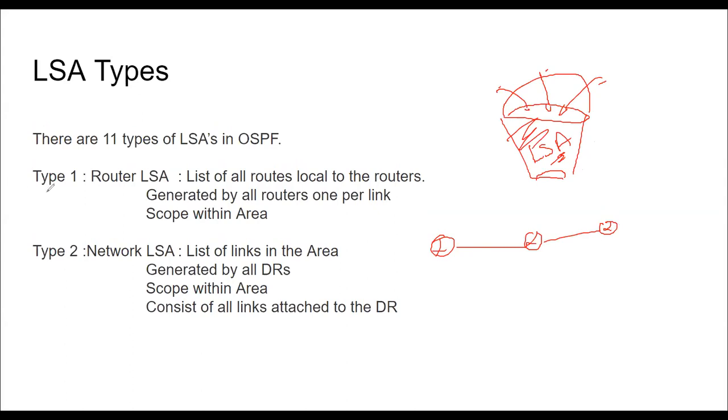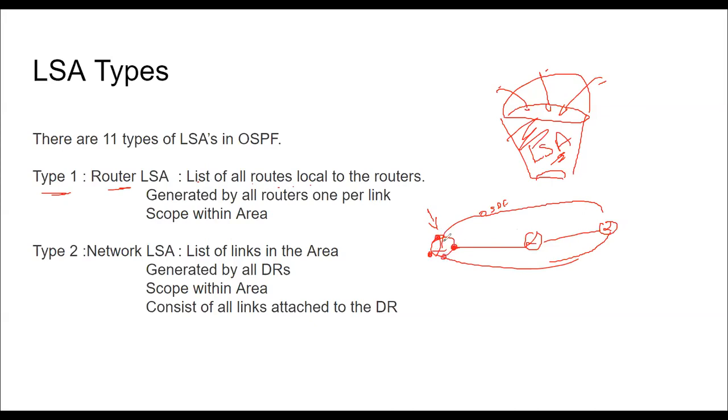Let's talk about what is a type 1 LSA. Each router, for example, I have enabled OSPF here in the network. All are OSPF area 0. So the router LSA lists all the routes local to the router. For example, if I go and check the router LSA, it will give you whatever IP address I have enabled for OSPF.